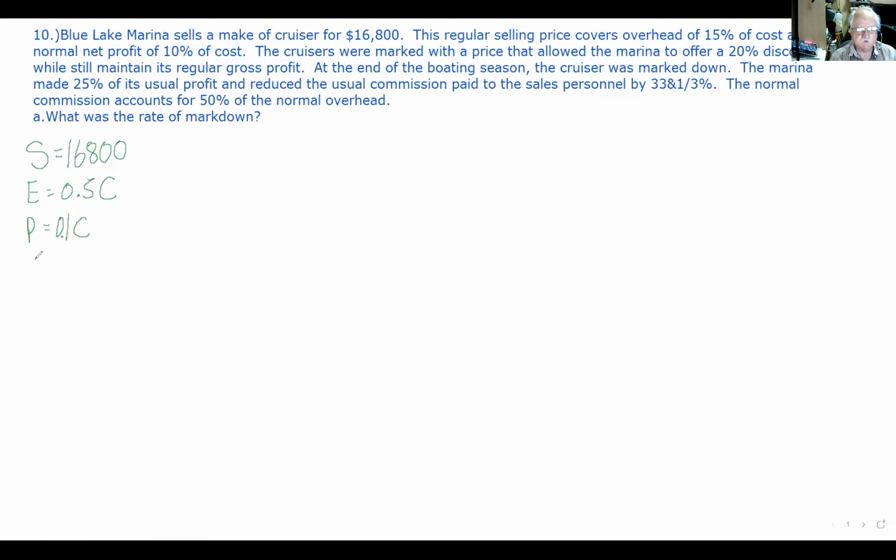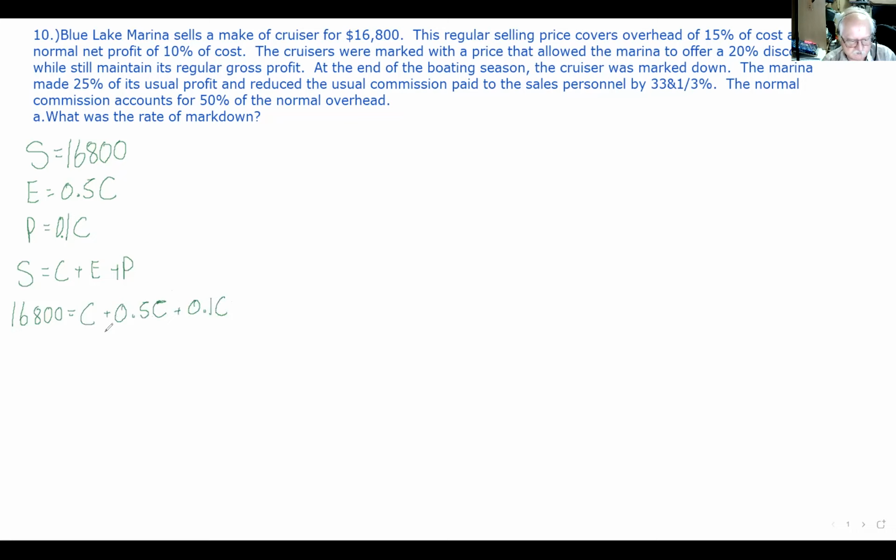And armed with this, we can figure out their cost. S equals C plus E plus P. So 16800 equals cost plus 0.5 cost plus 0.1 cost.